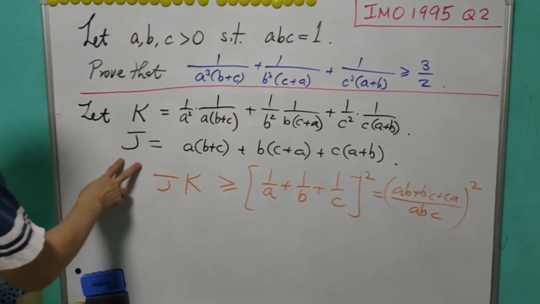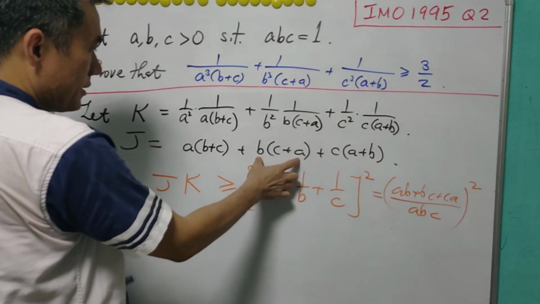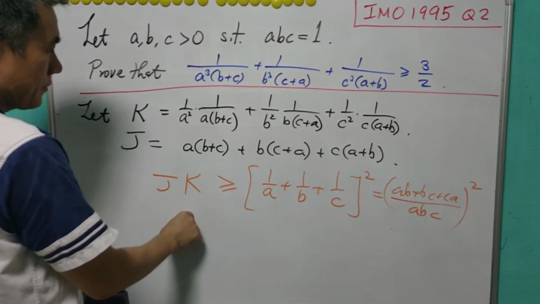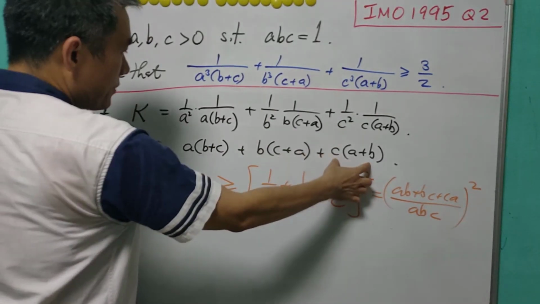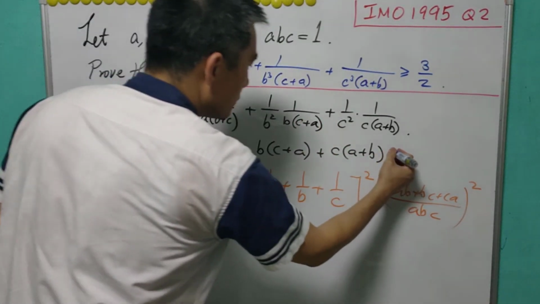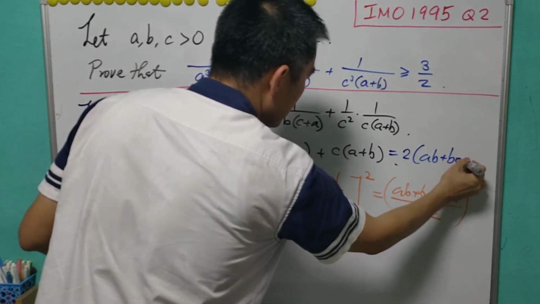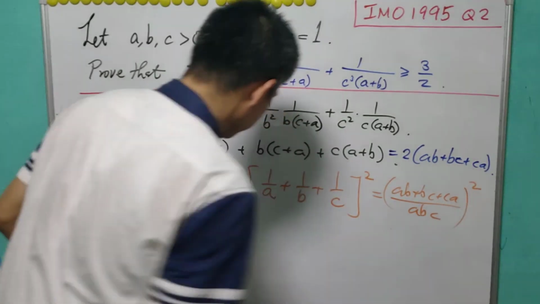Now we look at j again. j is actually ab here and ab here, so there will be 2ab. And also bc and bc, 2bc, and 2ca. So this is 2 times (ab plus bc plus ca).